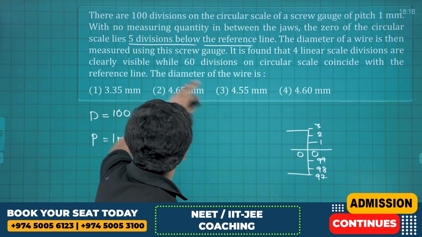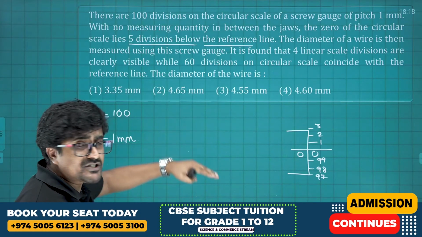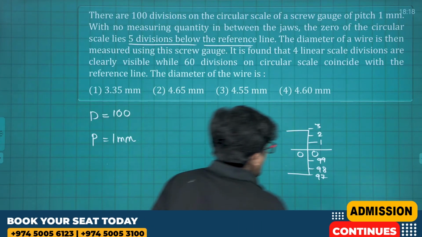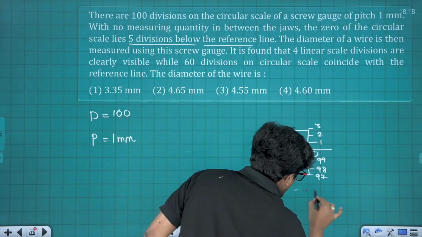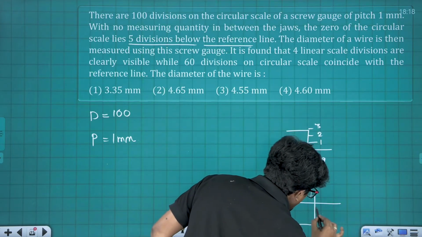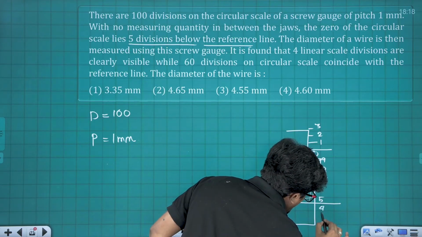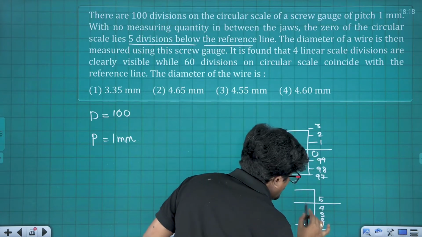Are you getting me? The 0 of the circular scale lies 5 divisions below the reference line, which means what is the coinciding figure? The coinciding figure over here is going to look like this. Here this is going to be 5, 4, 3, 2, 1, 0.